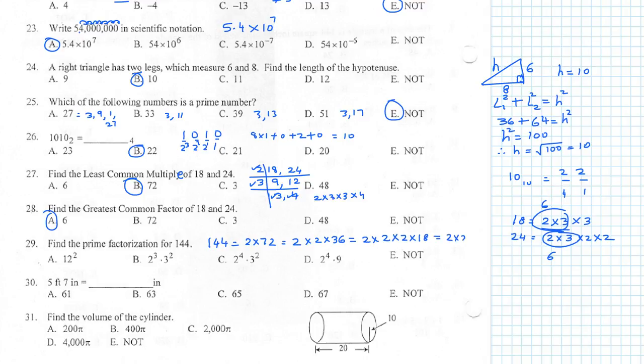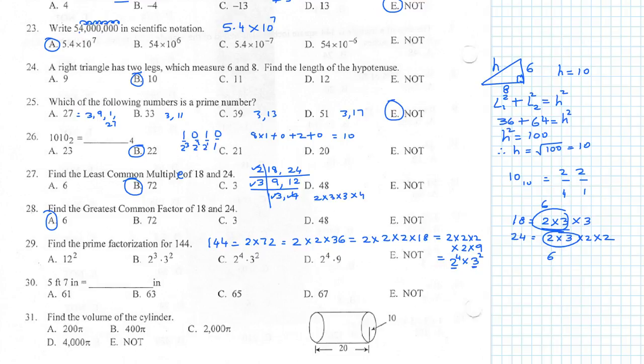So we have 2 times 2 times 2 times 2 times 9, right? So we can write this as 2 to the power 4 because there are four 2s, times 3 to the power 2. So these are the prime factors, 2 and 3.